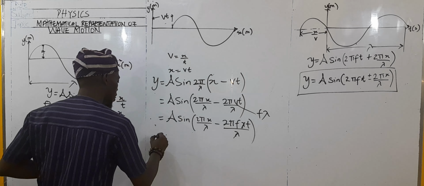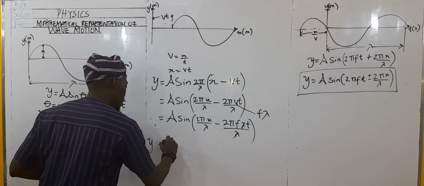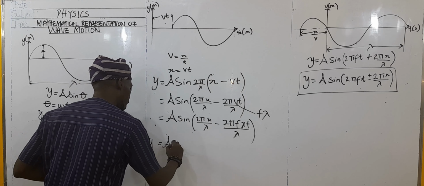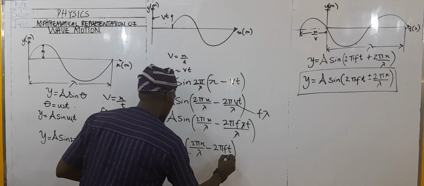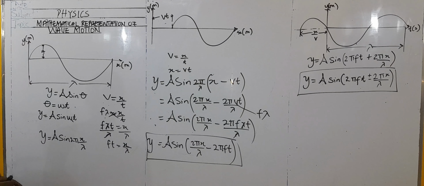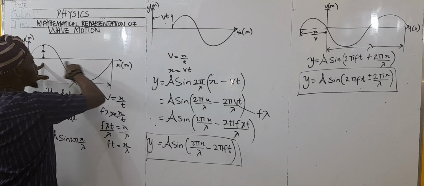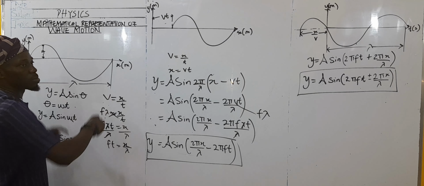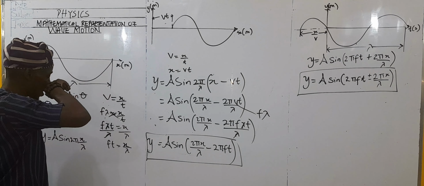Lambda cancels lambda. So we're going to have y equals A sine 2 pi x over lambda minus 2 pi f t. So now this is the general equation when we're talking about the horizontal displacement.